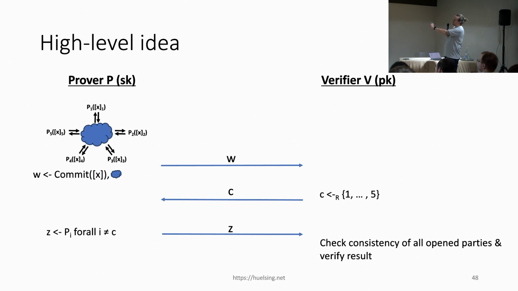Then, receiving this challenge, the prover will open all parties except the one indicated by the challenge. This means I'm opening all the randomness that these parties use and all the input shares, and that's it. This is the stuff that I also committed to before.